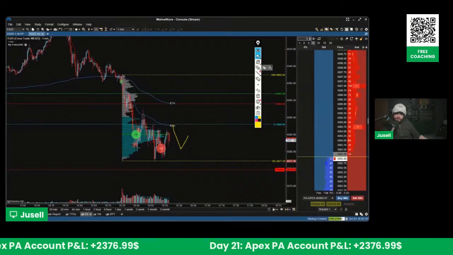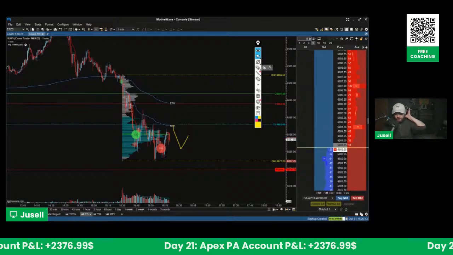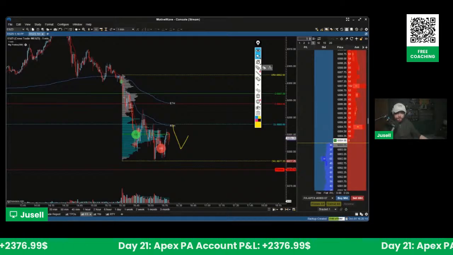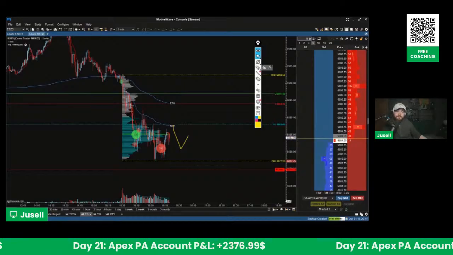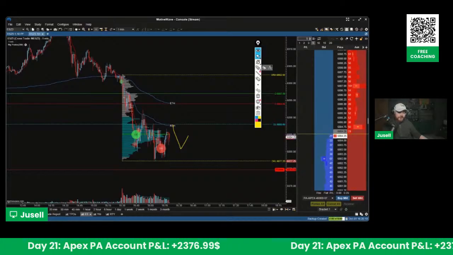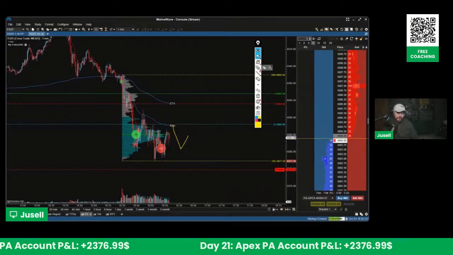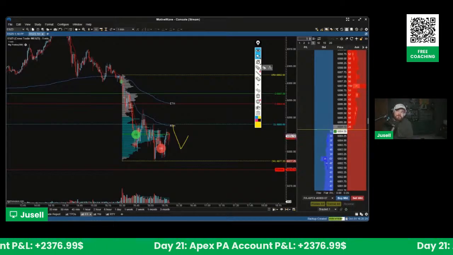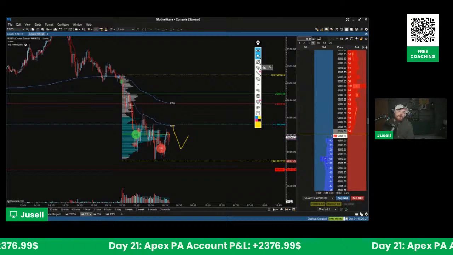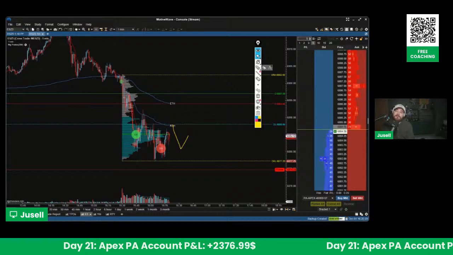But right now, we're just balancing out here at the lows. We rejected down towards the gap close. And now we're just balancing out at these specific levels at the point of control of today's session. So really not seeing anything specific going on right now.